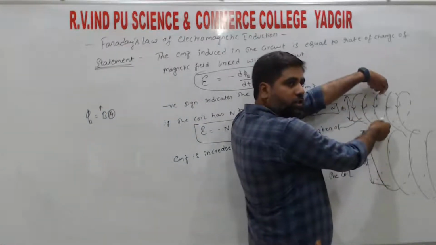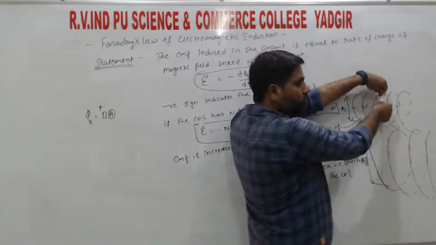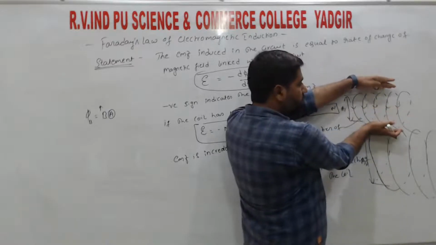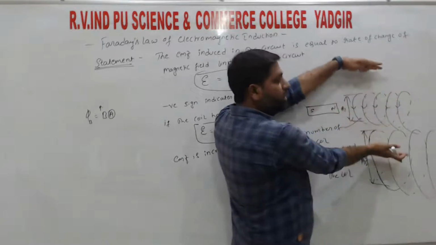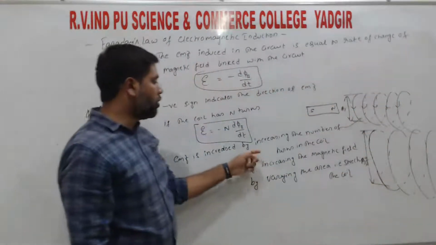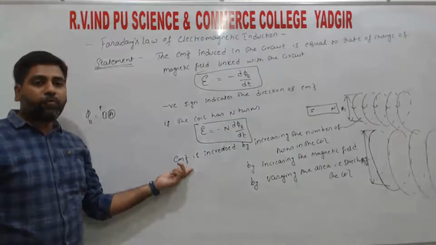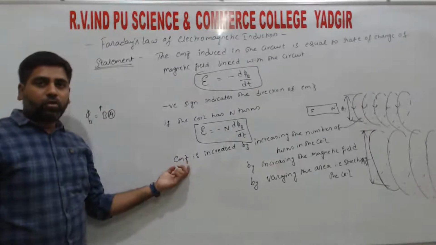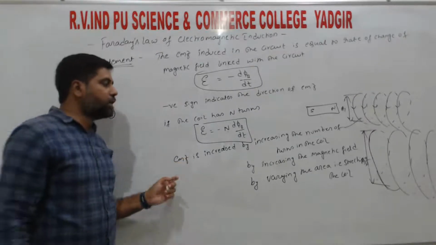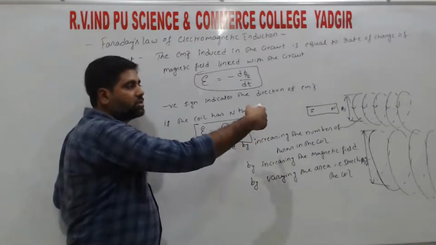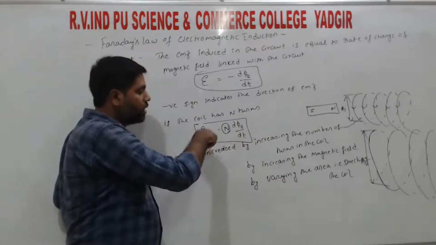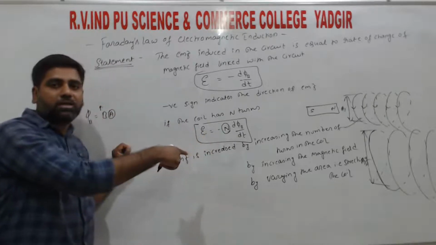So with the area of cross section, we either stretch or shrink. If we want less, we shrink the coil. If we want more, we stretch, right? So by all these factors the EMF is increased. The EMF increases by the following factors. One is the number of turns in the coil. As the coil turns increase, the induced EMF increases.